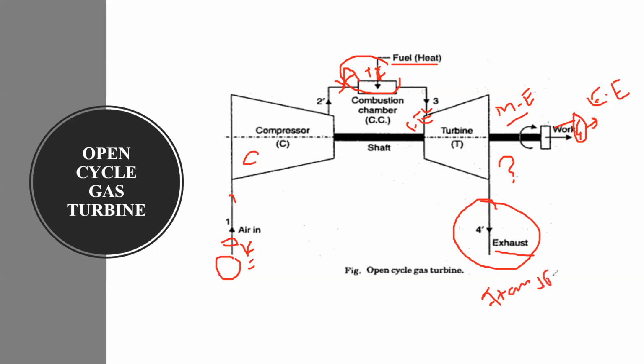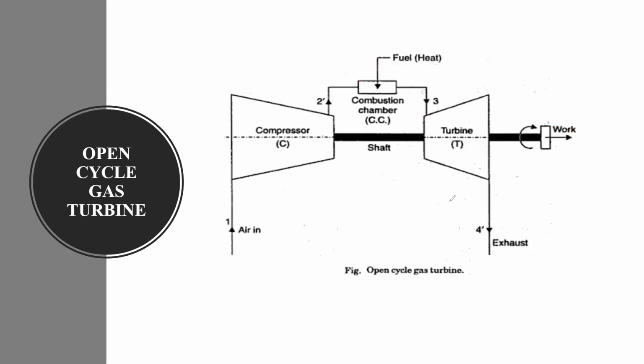If I utilize these gases again in the combustion chamber, then definitely the efficiency of the open cycle gas turbine increases. In the open cycle gas turbine, we lose this exhaust gas into the atmosphere. This is the biggest drawback in the gas turbine power plant. Open cycle means we can't utilize this exhaust gas in the system.